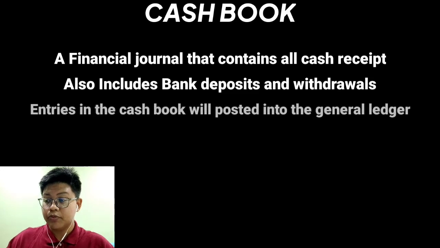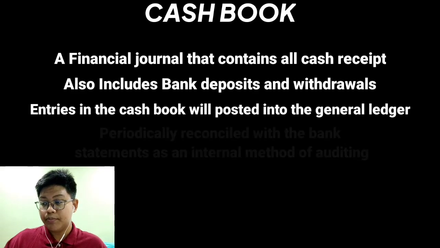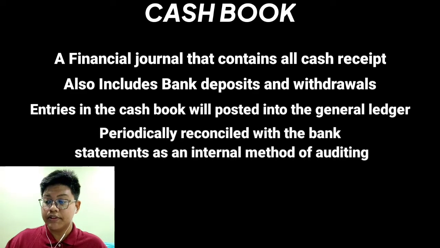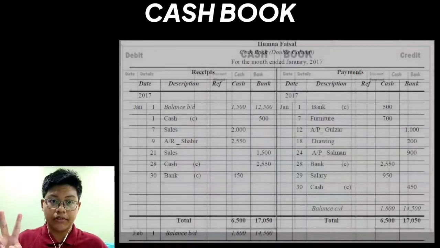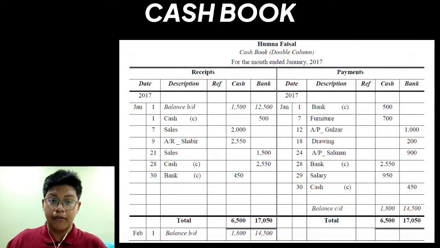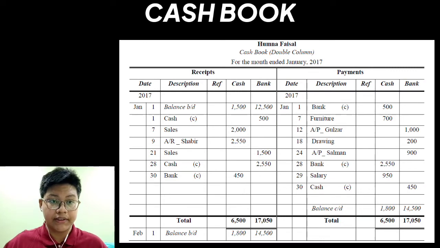Entries in the cash book are then posted into the general ledger. The cash book is periodically reconciled with the bank statements as an internal method of auditing. In the cash book, there are 2 columns. At the left, we have the debit, and at the right, we have the credit side.